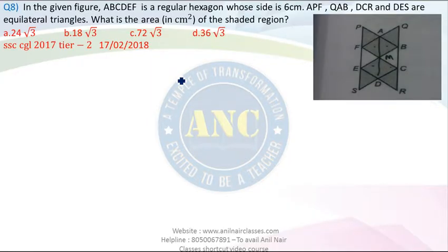Please see the next question, sir. Next question again, if you see, SSC CGL Tier 2 2017 question. In the given figure, ABCDEF is a regular hexagon whose side is 6 centimeter. Now they have given it in the figure, but let me write it, sir.